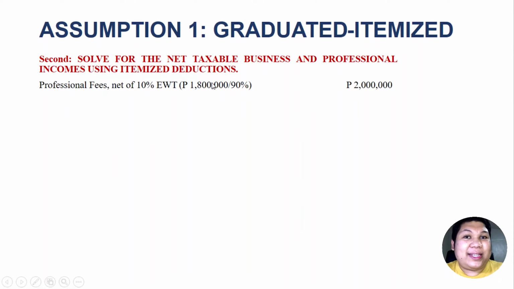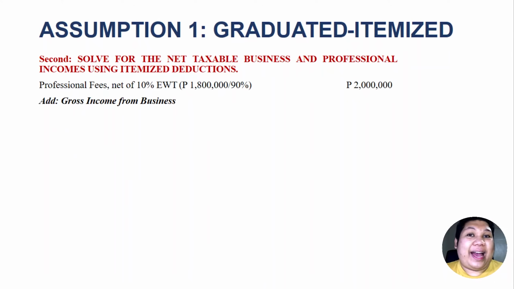So to gross it up, we will just divide this by 90% because this 1,800,000 is only 90% of the gross amount. Therefore, the gross professional fees before deducting the withholding tax of 10% is actually 2 million pesos.